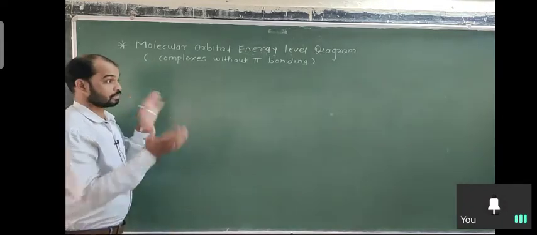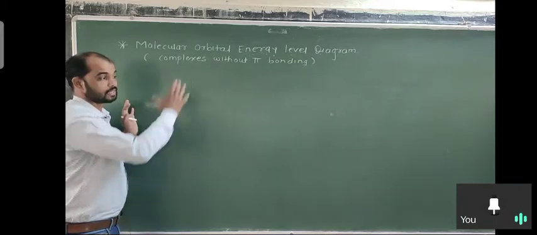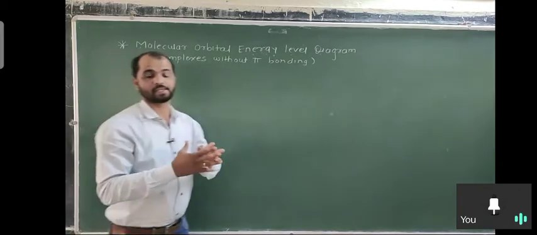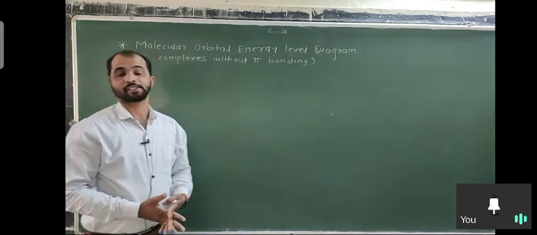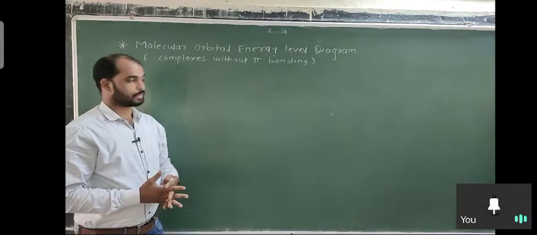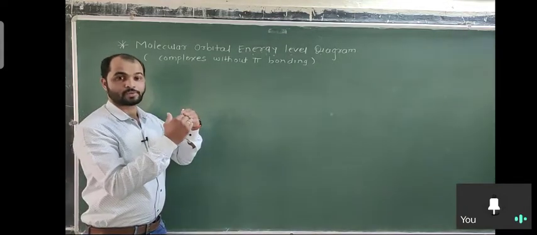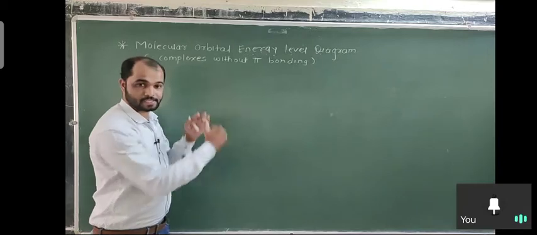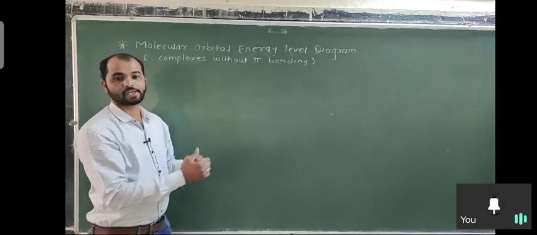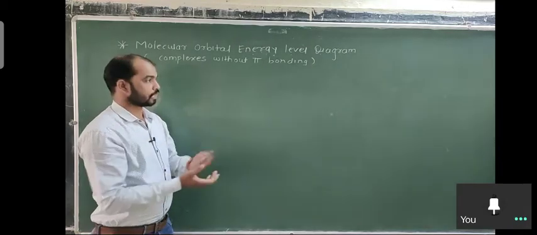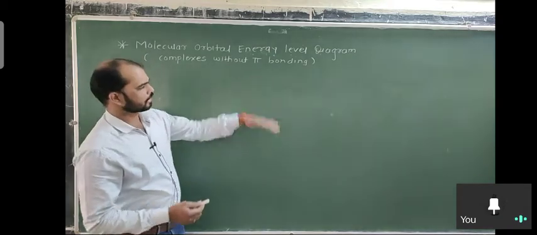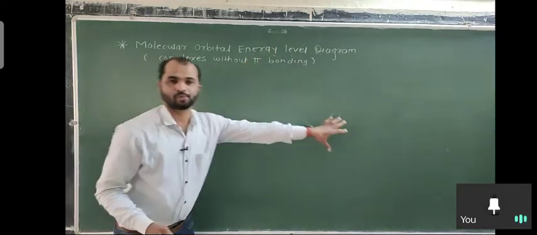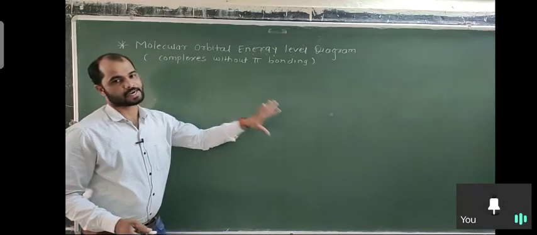But the other orbitals of the metal and ligand, once they combine, form molecular orbitals. The bonding orbitals decrease their energy, and the orbitals converted into antibonding rise in energy as compared to the metal energy level and ligand energy level.